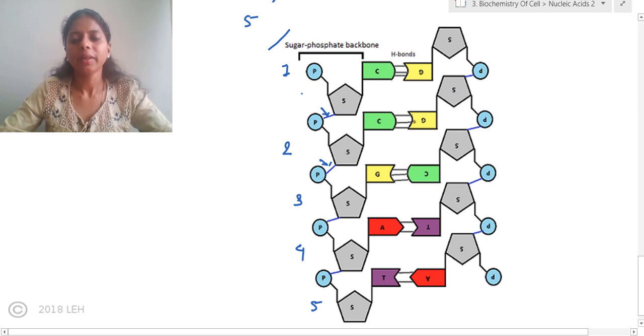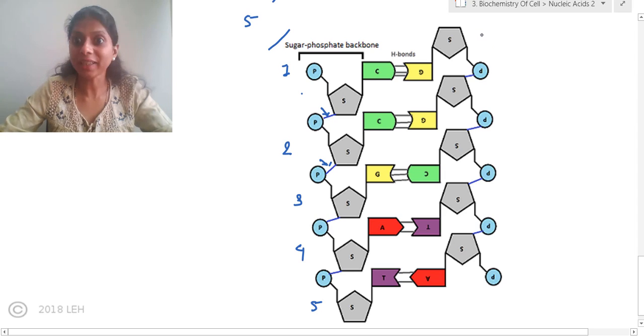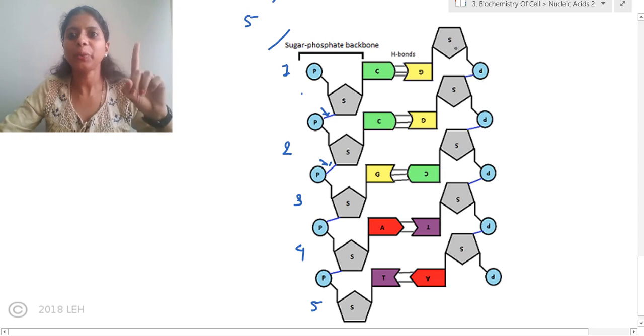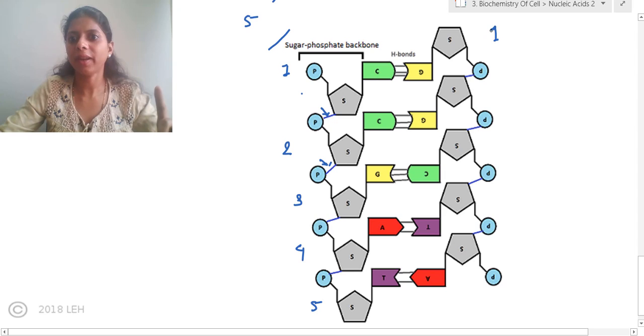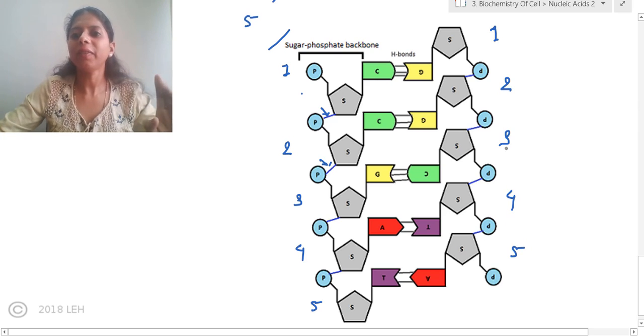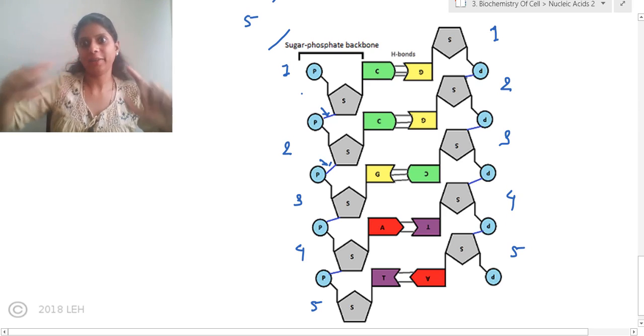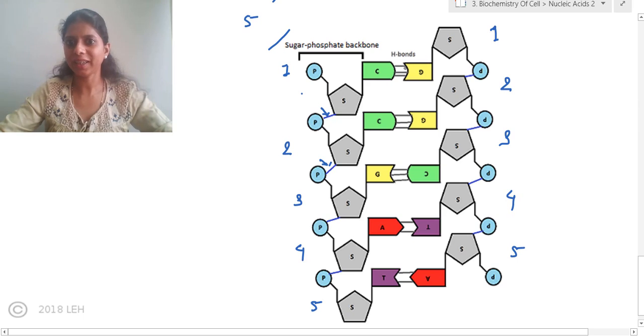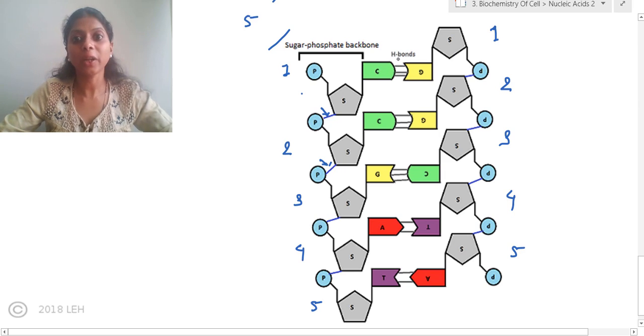Agree? Now, when the second strand is constructed, the first nucleotide of the second strand, 1, 2, 3, 4, 5, will come inverted. So this is inverted. It will join to the first strand with a hydrogen bond.